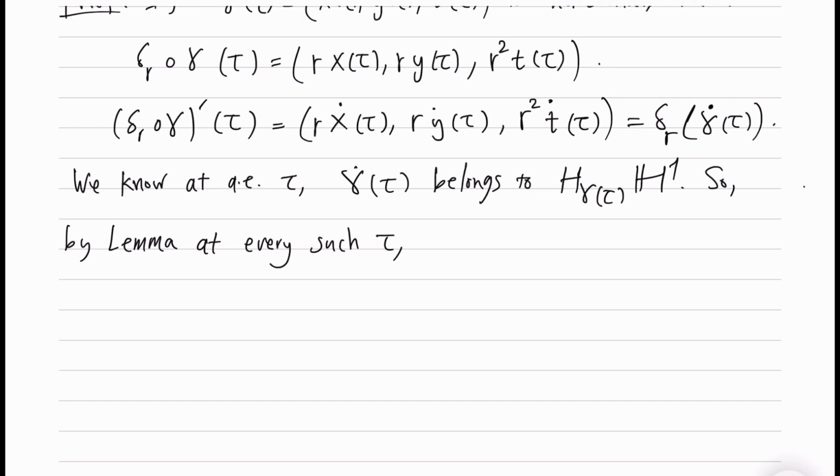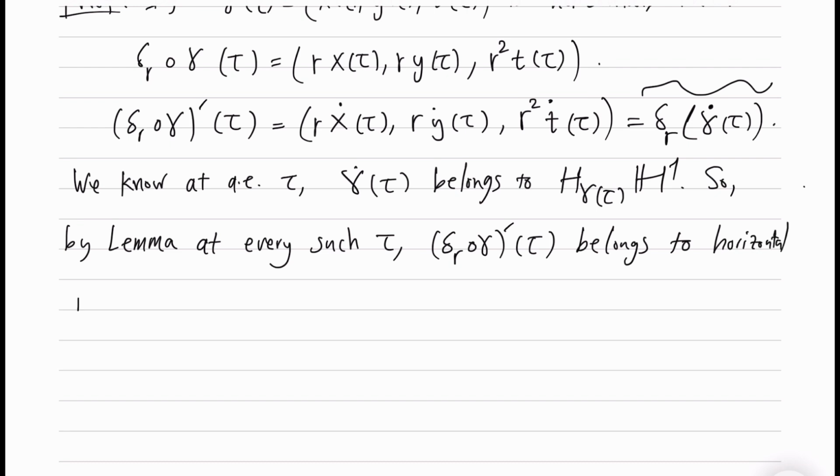So if we interpret it correctly, we see that this means that the derivative of delta r composed with gamma at tau, which is this expression here, belongs to the horizontal plane at, well, gamma prime was horizontal at gamma of tau.